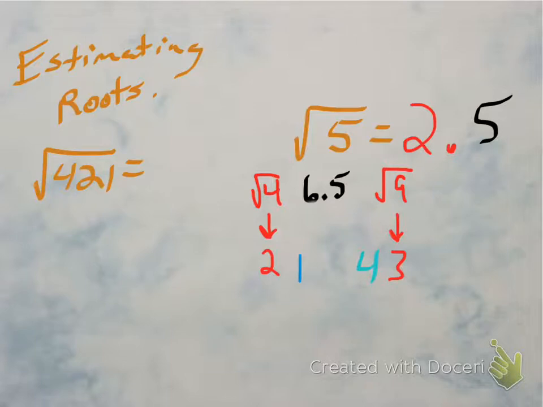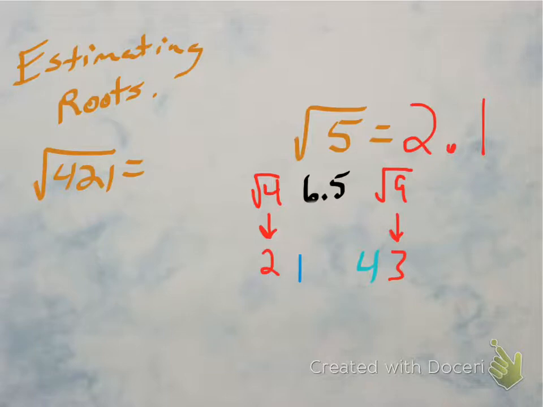So it's extremely close to 2. So if I was going to estimate, I would estimate at 2.1. I might put 2.2 and I'm not wrong because I'm estimating. But it's probably more likely going to be 2.15 or 2.18 or something like that.